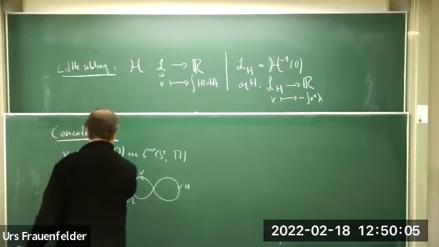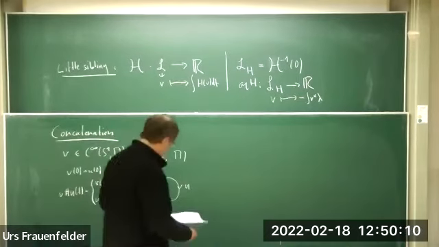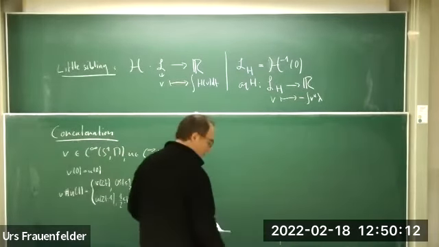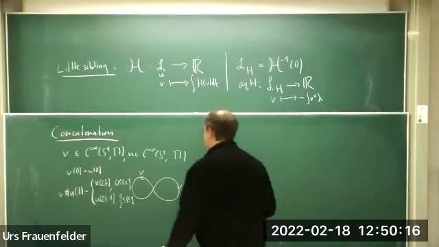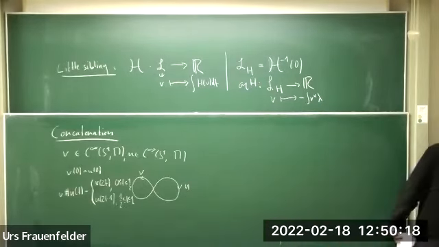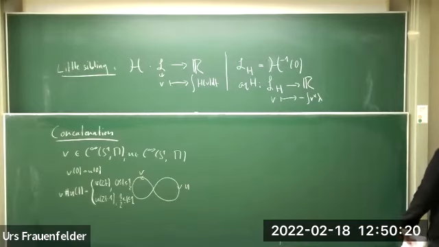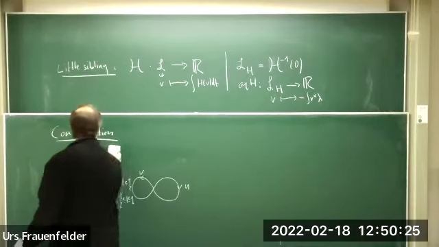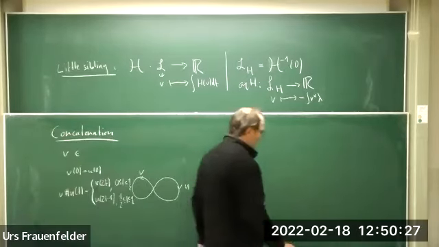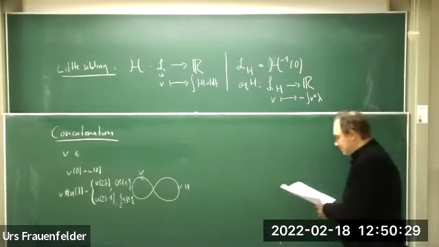So maybe we replace this free loop space by the W^{1,2} loops. So we have a map, and we actually end up in the same space. So replace this here by W^{1,2}.